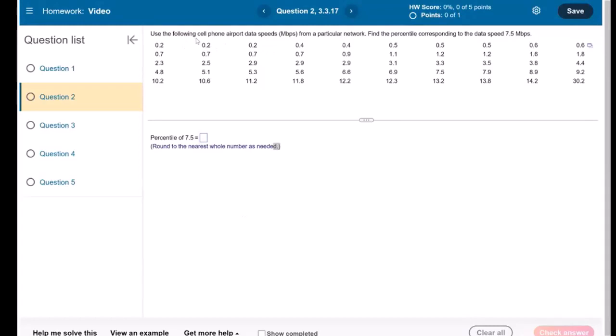Now I want to show you a couple of examples using StatCrunch. First example: use the following cell phone data speeds in megabits per second for a particular network. Find the percentile corresponding to the data speed 7.5 megabits per second. I'm going to click on this box and open this in StatCrunch.